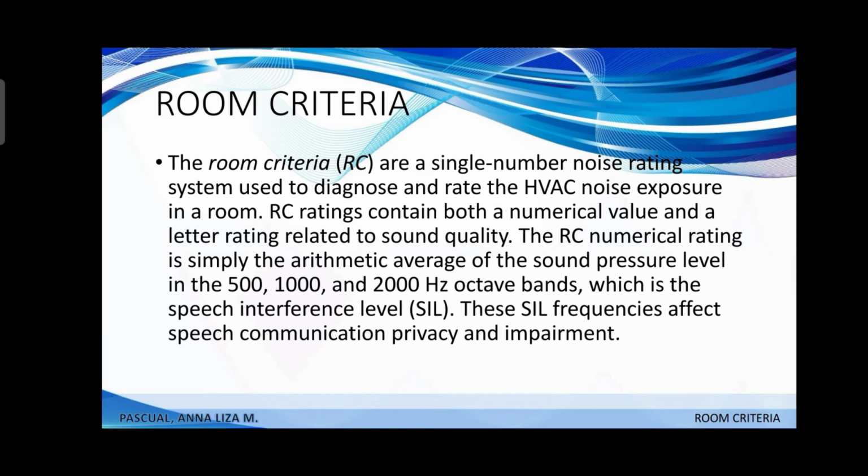The four-letter designations currently in use are rumble, hiss, acoustically induced vibration, and neutral. These letters are determined by analyzing the low and high frequency sound introduced into the room. A typical specified value in private offices is RC35N.